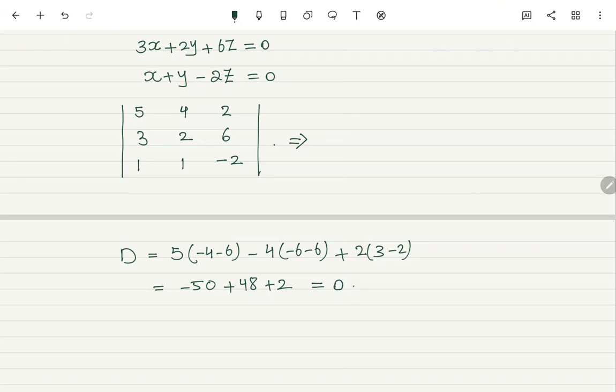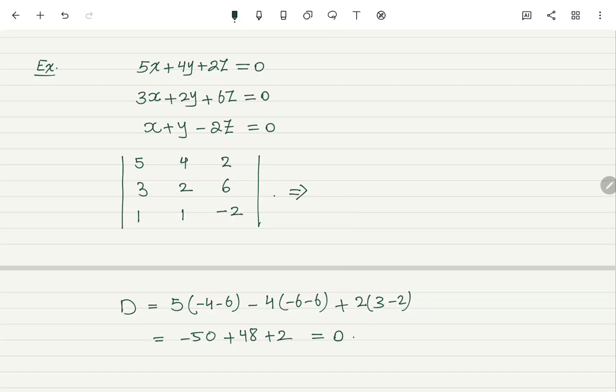Now, this is very important here. Since the determinant is equal to 0, there is a solution other than the trivial solution x, y, and z. The point is, instead of trying to solve these equations and at the end getting x equal to 0, y equals 0, and z equal to 0, we can double check the determinant of these equations.